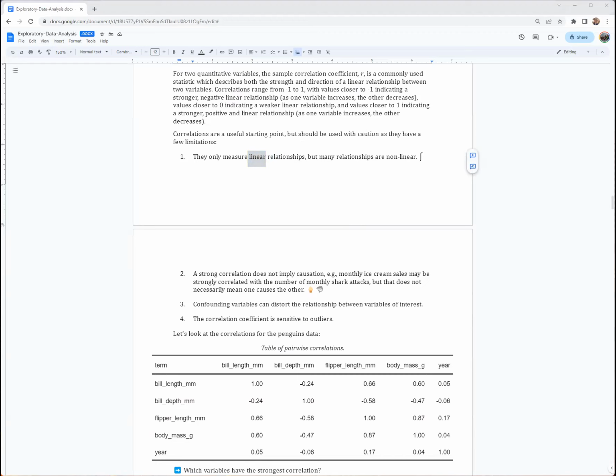So for example, maybe we have axes like so, two variables, x and y, and then we have data points like this.